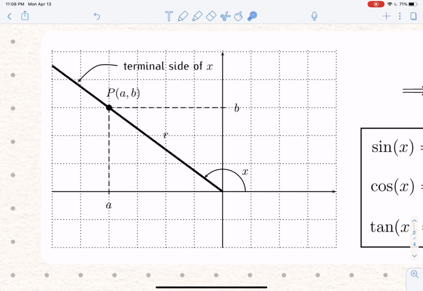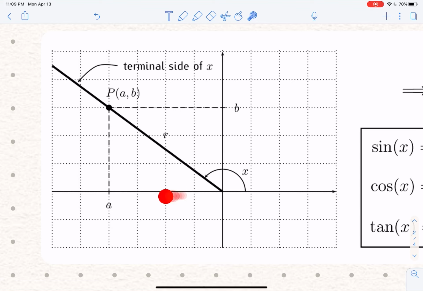And if that's the setup, and if we're interested in the angle x, which goes in between that positive x-axis and our terminal side here, we define the trig functions of x as follows. They're essentially ratios of these 3 values, the a and the b, and then this guy r. So what is r? R is the distance from the center out to P. And by thinking of this right triangle right here, there's a right angle right there in between horizontal and vertical.